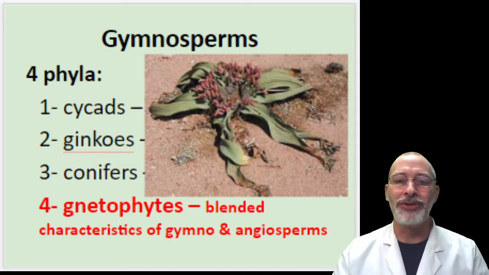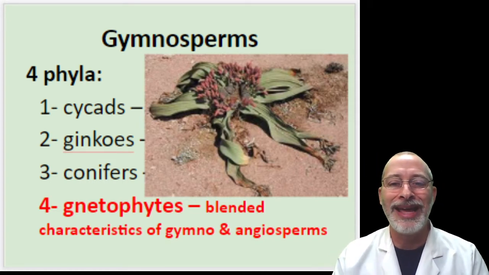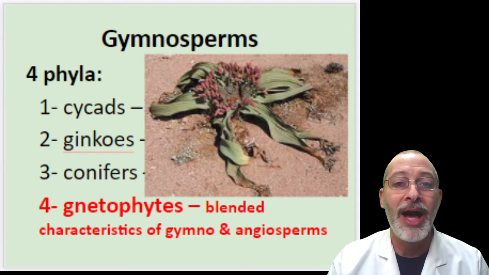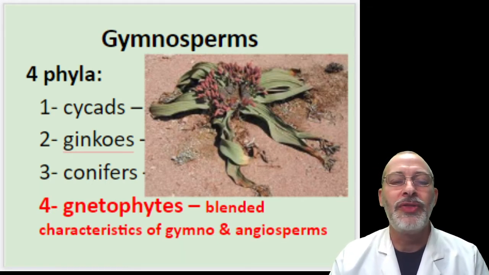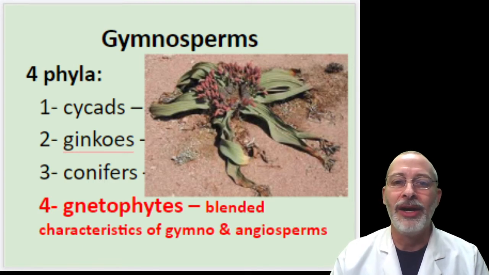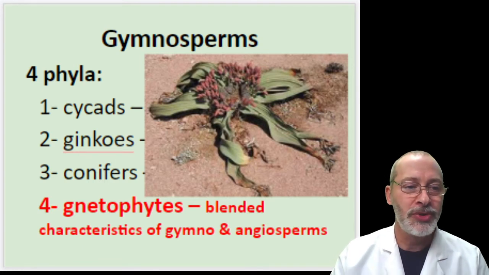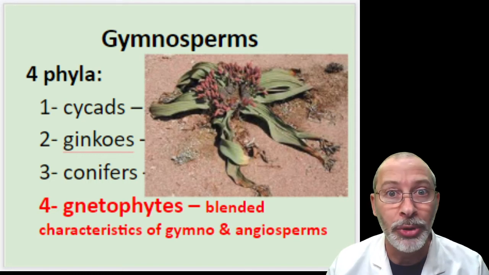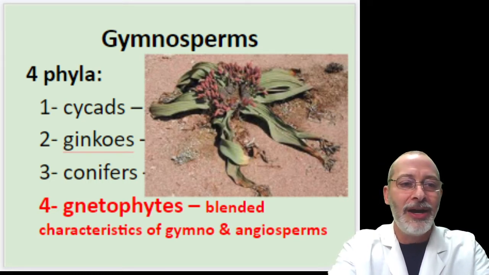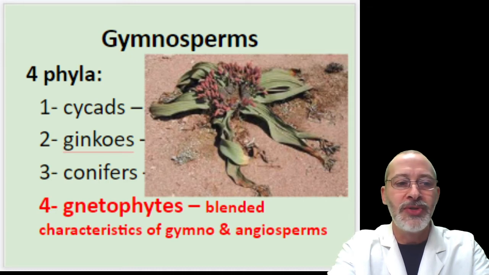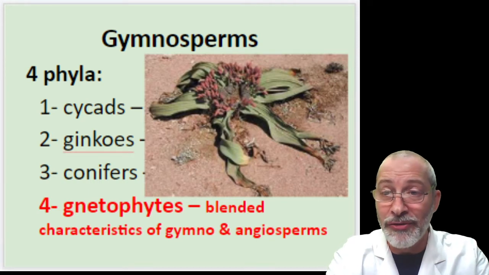So they have characteristics of both gymnosperms and angiosperms, but botanists have, at least currently, decided to put them in one of the phyla of gymnosperms. So that's where we put it too. So here are the 4 phyla of gymnosperms: the cycads, the ginkgos, the conifers, and the Gnetophytes.